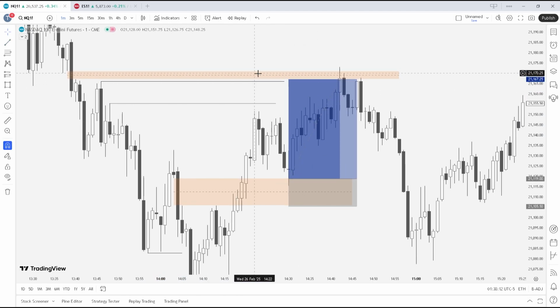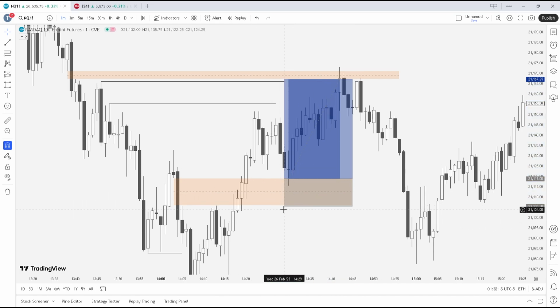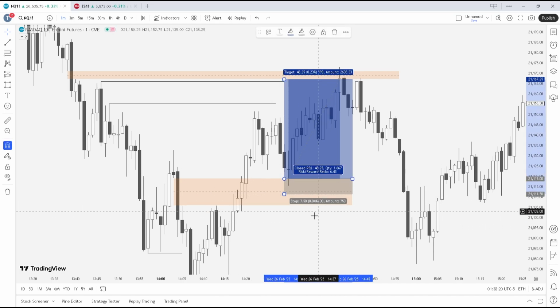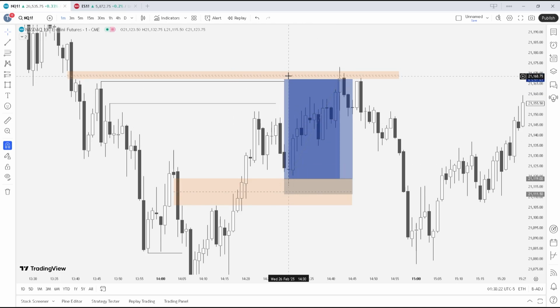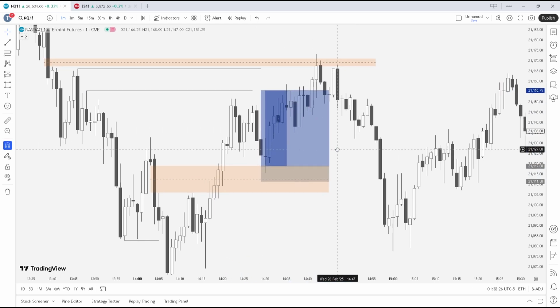And if you targeted the fair value gap, you would have gotten the 3.5R if your stop was below the inversion. If you had it below consequent encroachment, 6R, right? If you just targeted this high, 4.9R.